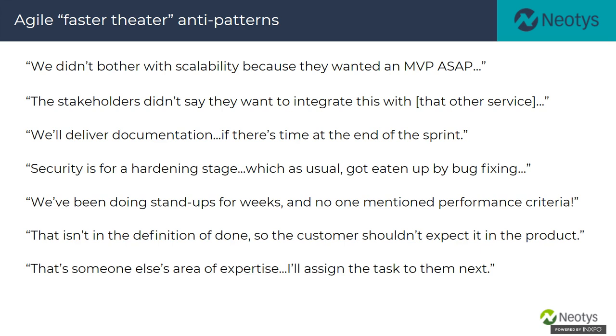Security is also another thing. We've been doing stand-ups for weeks and no one mentioned performance criteria. And of course, if that isn't in the definition of done, the customer shouldn't expect it. Is that fair, or is that putting the cart before the horse?